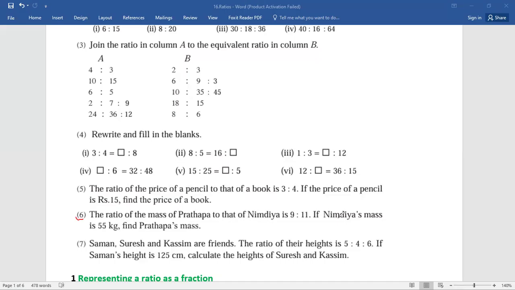So let's write down: mass of 11 parts of India is 55 kilograms.